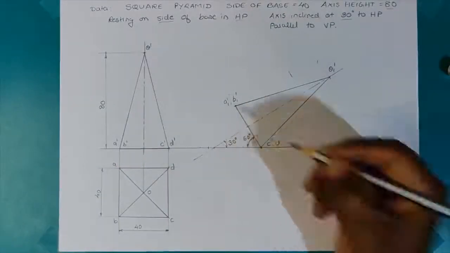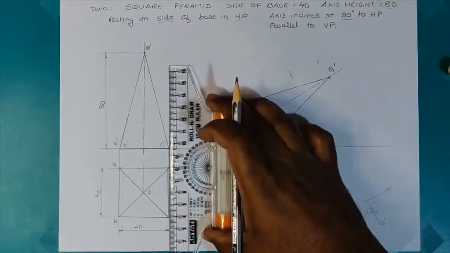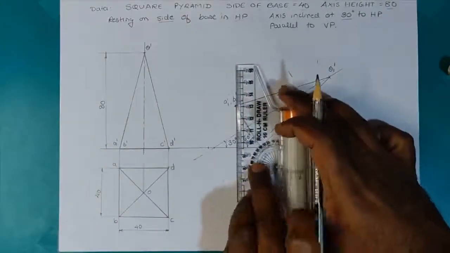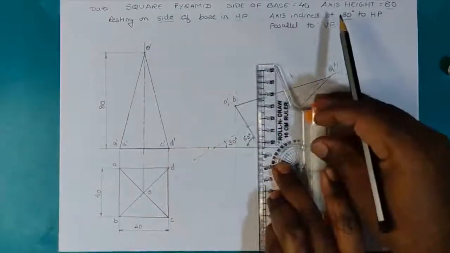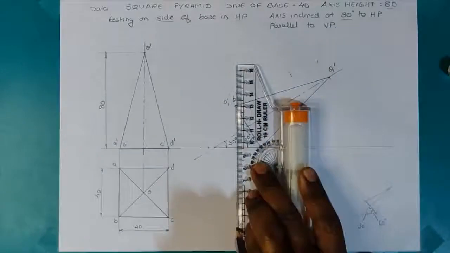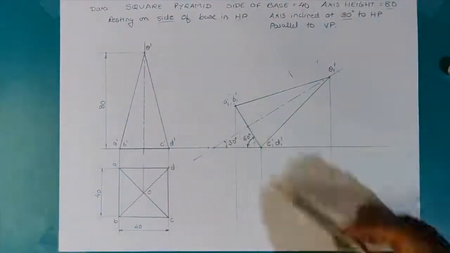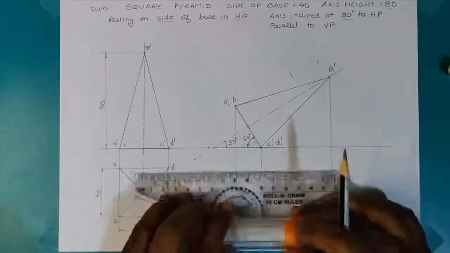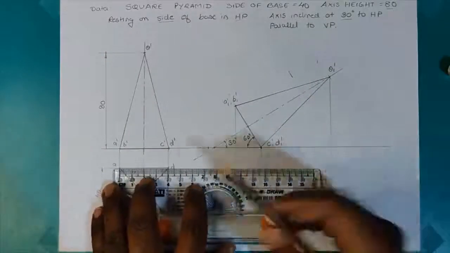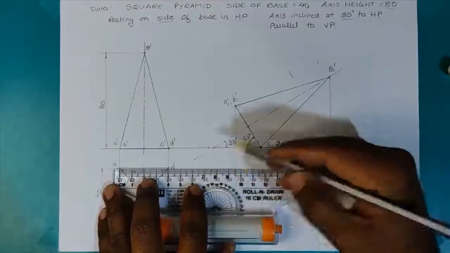Next, I will be drawing projectors through the base points which I have drawn in the second step, as well as the apex. Now I'll draw loci through the top view obtained in step 1 and find the intersection with the corresponding projectors.